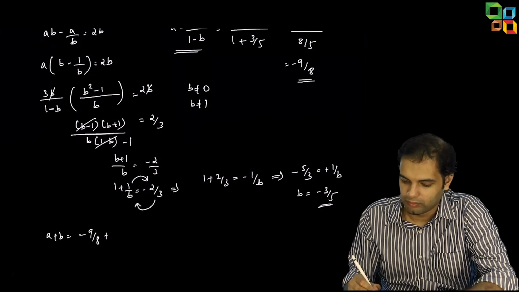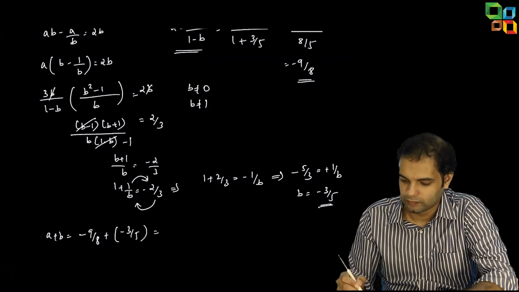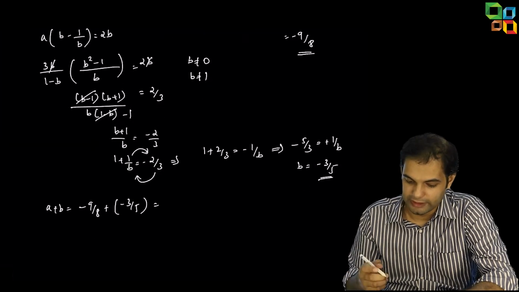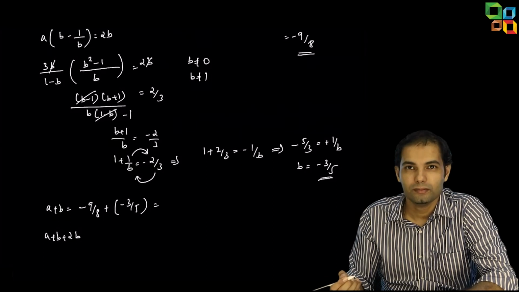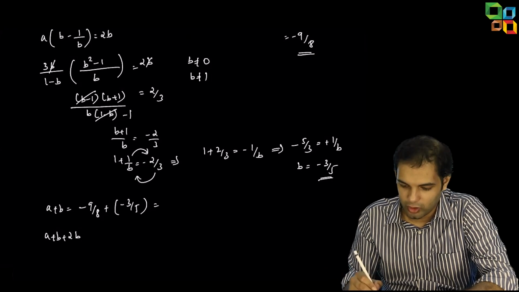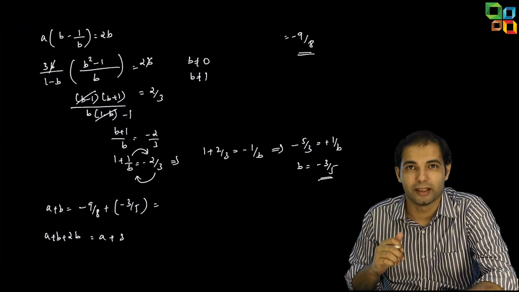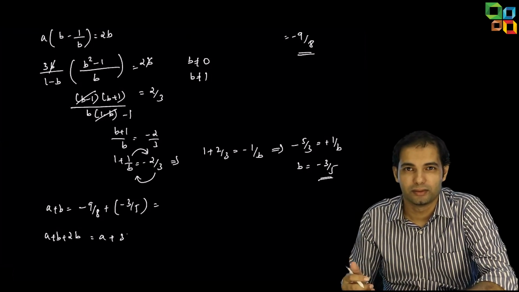What is b? Minus 3 by 5. To get the next term, it is a plus b plus 2b, isn't it? Because the common difference is 2b. Correct? So all we have to do is find a plus 3b. Instead of adding 2b later, I'll directly add.